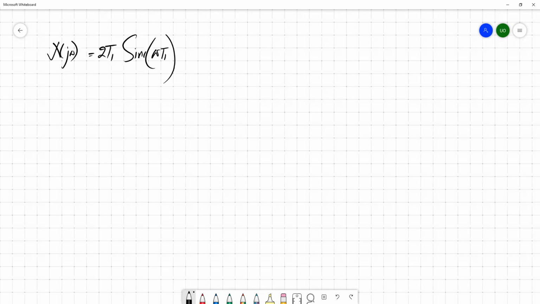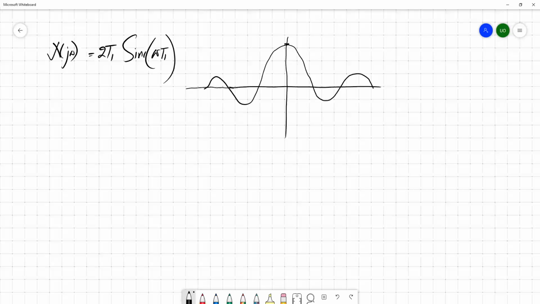Okay, so we know that the sinc function is something like that. So this is the sinc function. So what's the value of this one? At this 0 point, the sinc function would be 1. So then this becomes 2 times t1.